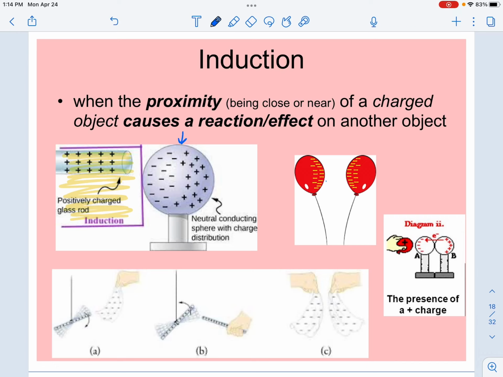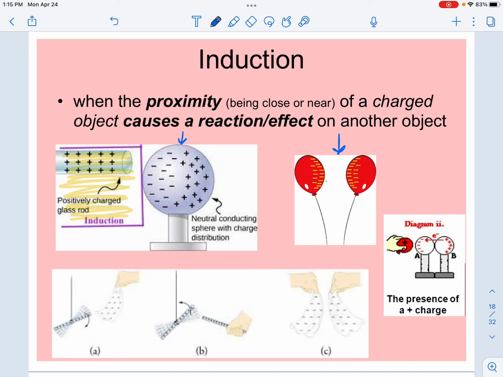In the case of this example, this neutral object had all of the electrons move towards the rod because opposites attract, leaving the opposite side positive. In this example, both of my balloons are negatively charged. So when I bring them close to each other, like charges repel. So the balloons are actually going to physically push away from each other.